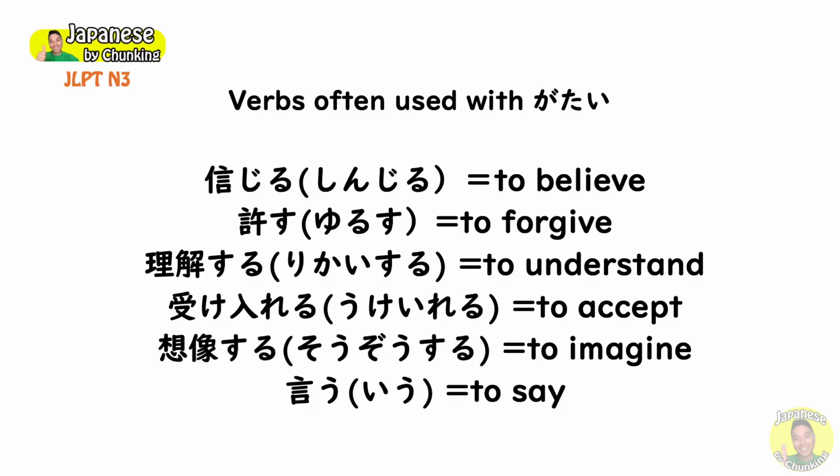Okay, so let's take a look at the verbs often used with this がたい。So we have 信じる to believe. 許す to forgive. 理解する to understand. 受け入れる to accept. 想像する to imagine. 言う to say.